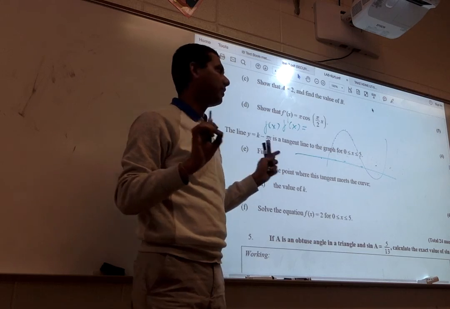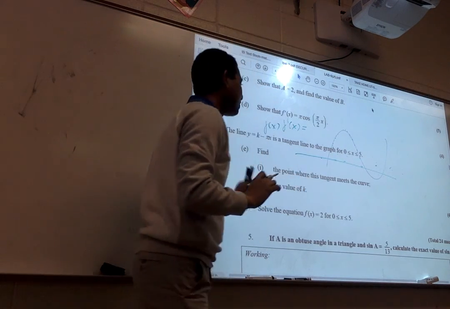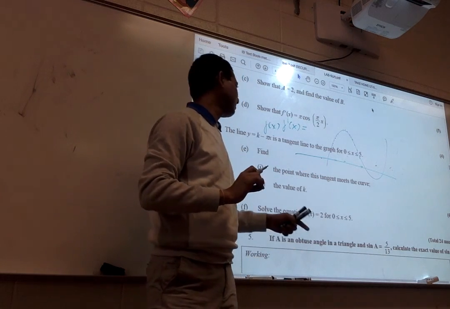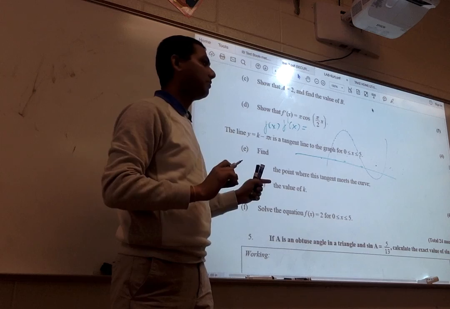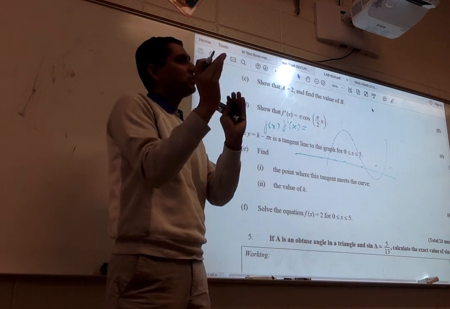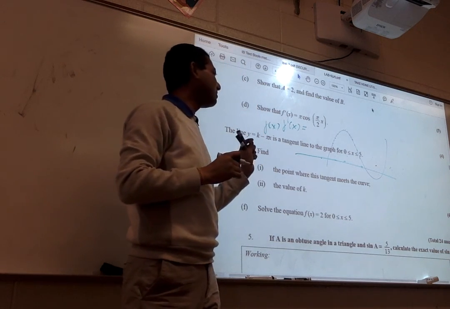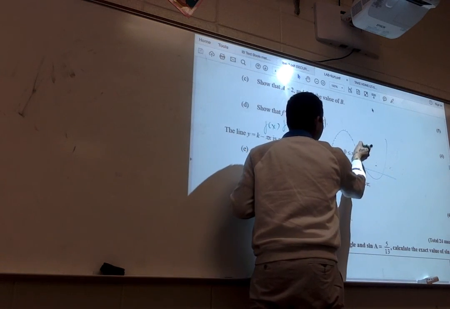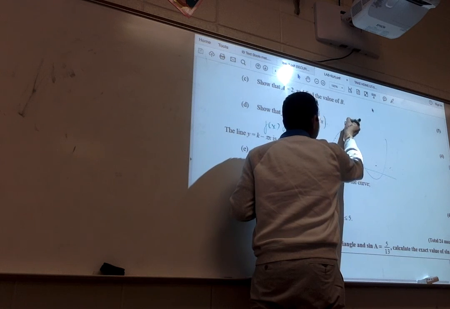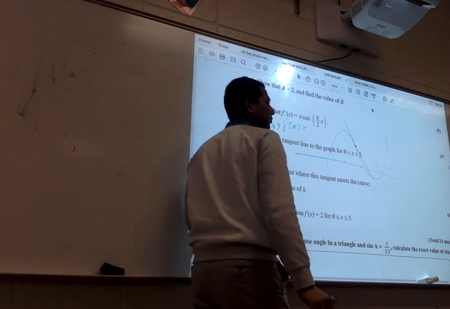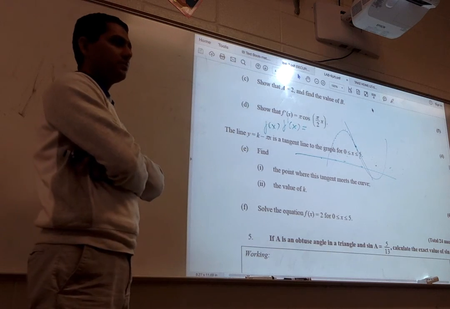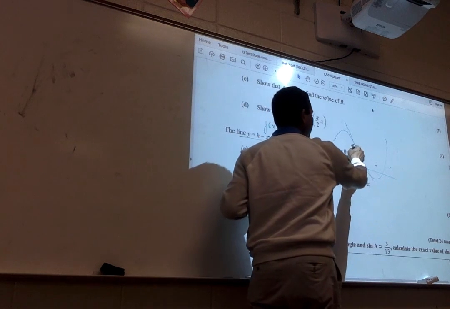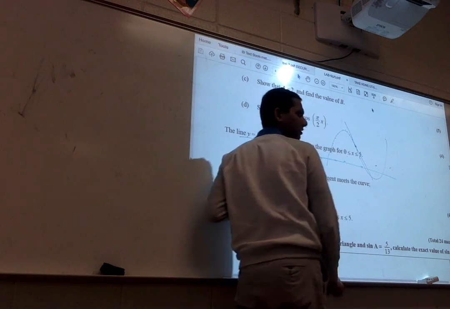Yes? Okay. Now the question says, find the point where this tangent meets the curve. Point means the coordinate, both x coordinate as well as y coordinate. Let us say that this line, y is equal to k minus pi x, meets the curve at this point, which is the tangent at this point.